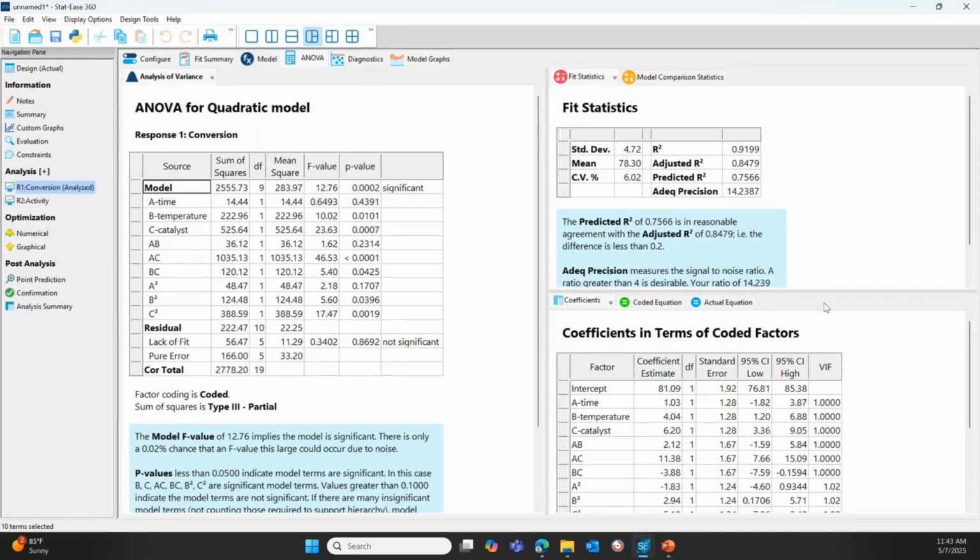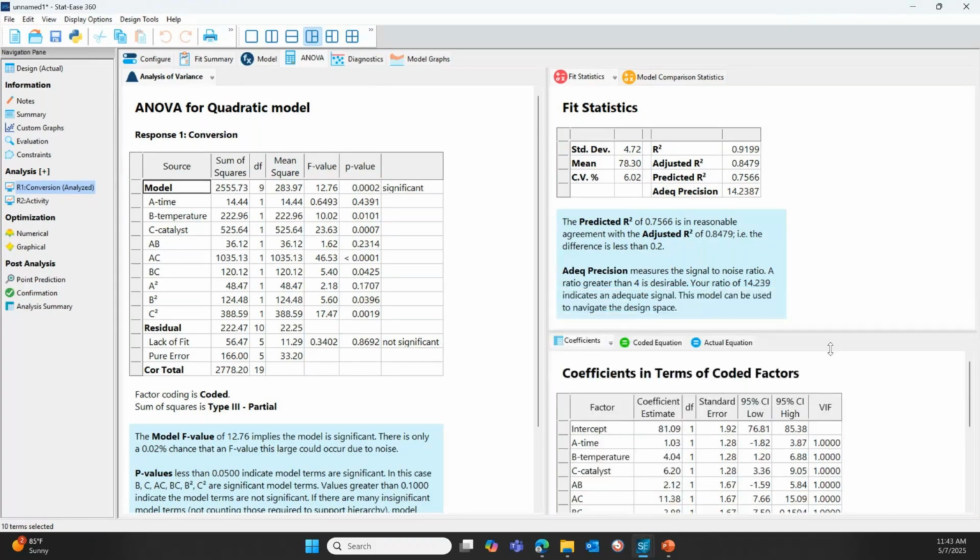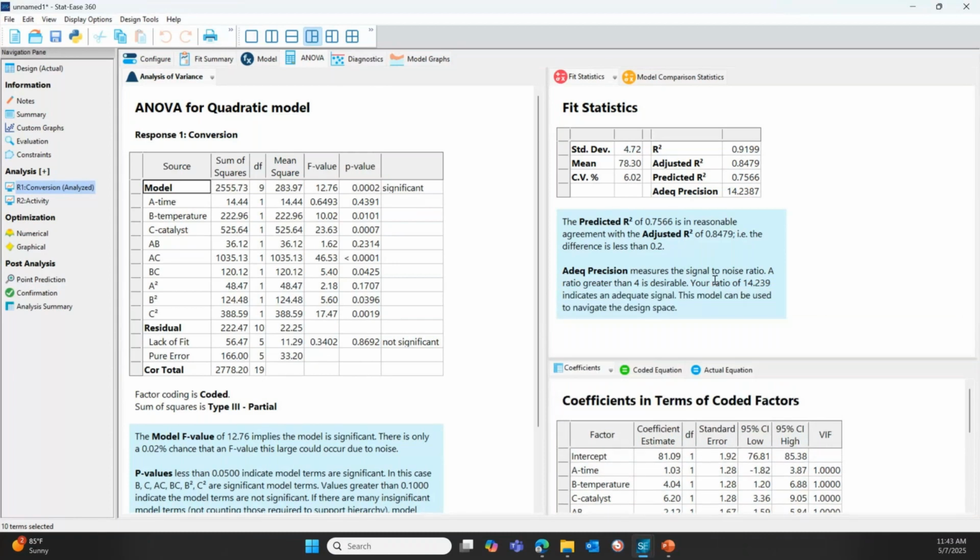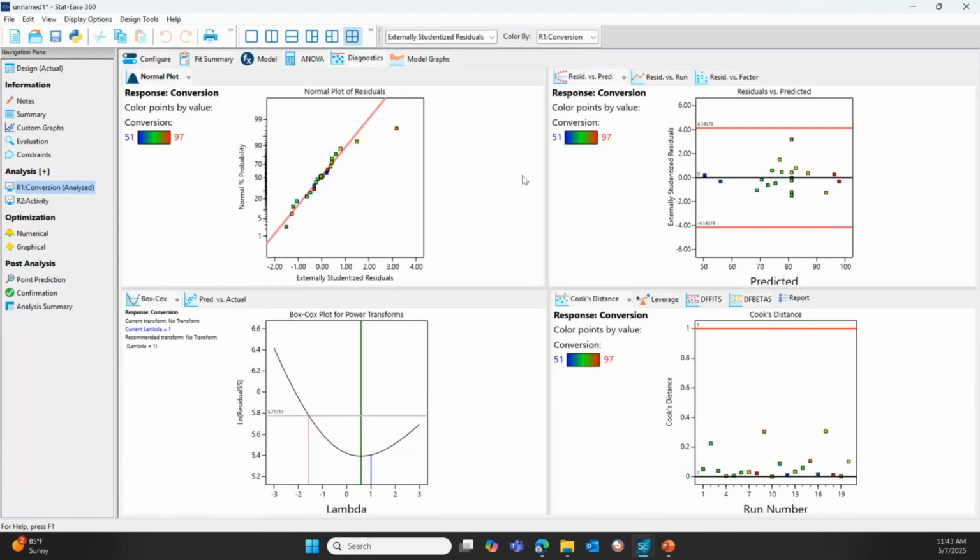Fit statistics are good. The blue boxes are content. We'll look at the diagnostic plots again. We have the same plots. I got one data point over here that looks a little funny, but it doesn't seem to be a problem in the residual versus predicted. It doesn't seem to be a problem in the residual versus run. So I can also look at some other things down here in the bottom.